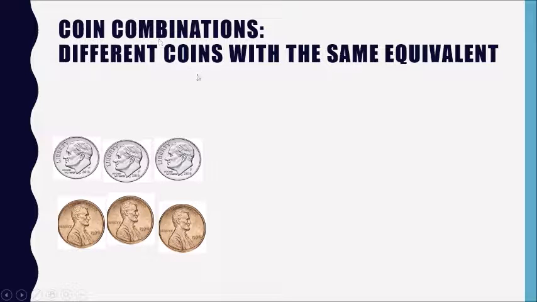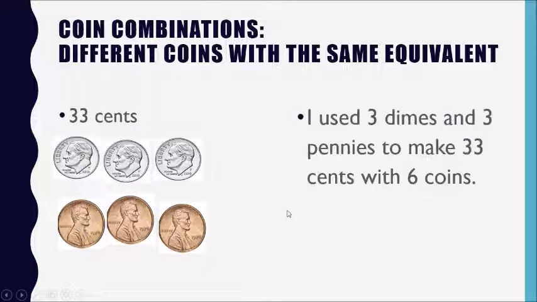Coin combinations. We're going to be talking about coin combinations now, and basically what that means is that there are different coins with the same equivalent. Let's take a look at this example of 33 cents. As you can see, to make 33 cents, we can use 3 dimes and 3 pennies.